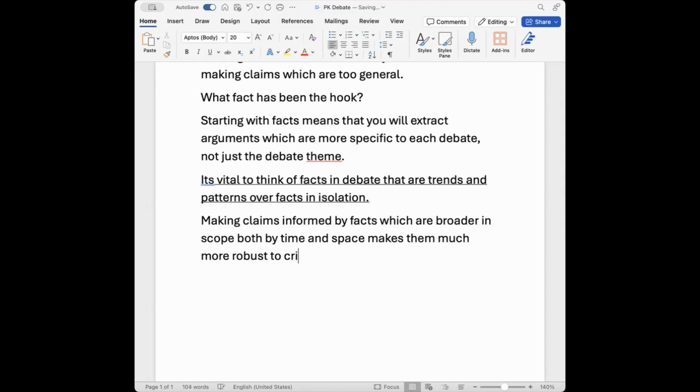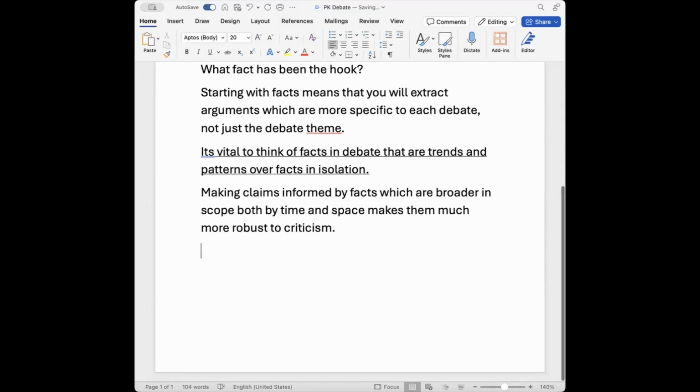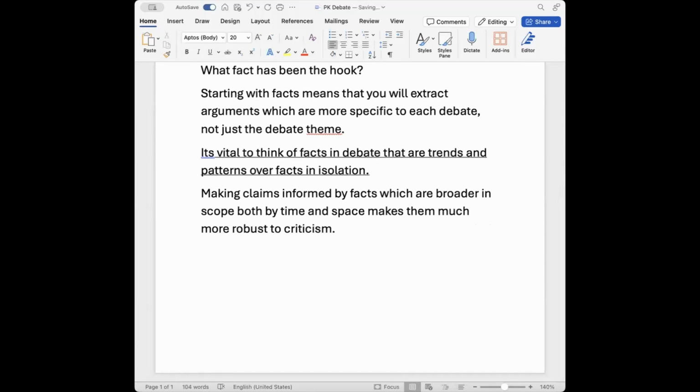So for instance, if there's a debate about the IMF, and instead of saying, look at what happened in Greece, where someone can just say, well, here are the specific things that were different about Greece, so this claim doesn't make sense, you say, well, over a 50-year period, 3 countries have been able to pay back their debt to the IMF out of 110. That fact is quite hard to frame out of the debate. That fact is quite hard to dilute in terms of its essence and value to the claim that's being made.